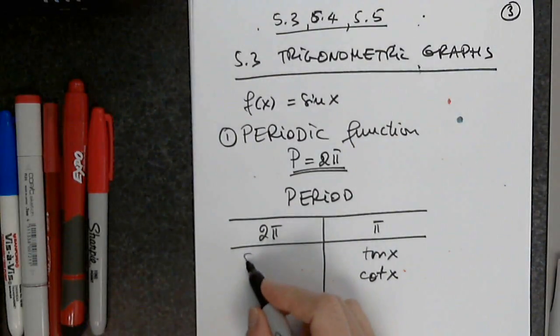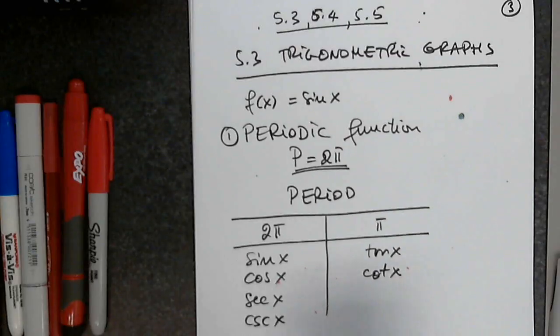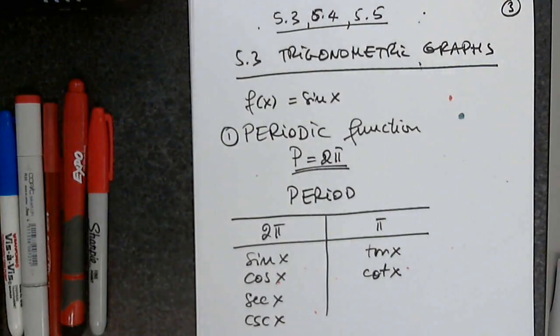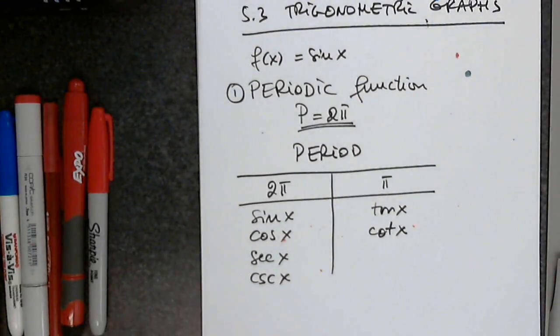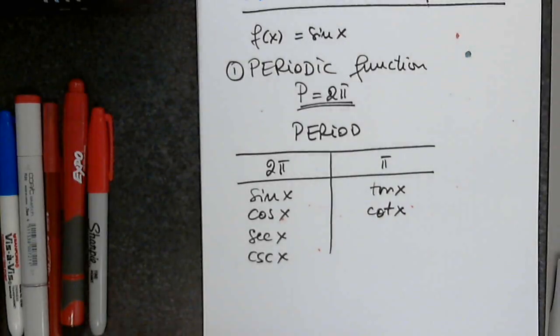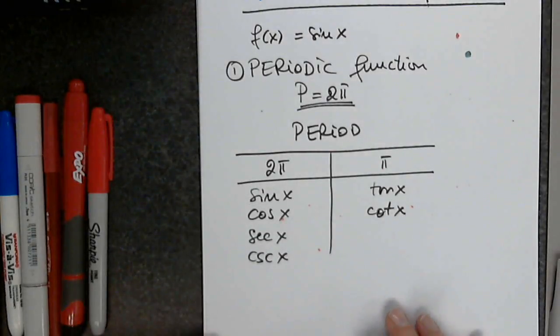So sine, cosine, secant, and cosecant have a period of 2 pi. Tangent and cotangent have a period of pi. Good. So we will look at a complete rotation. We will graph this function, which is sine x, on a complete rotation between 0 and 2 pi.